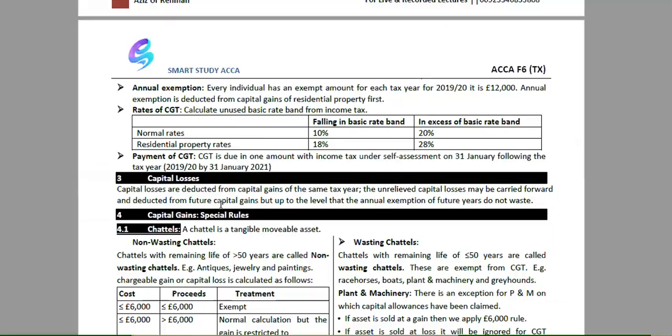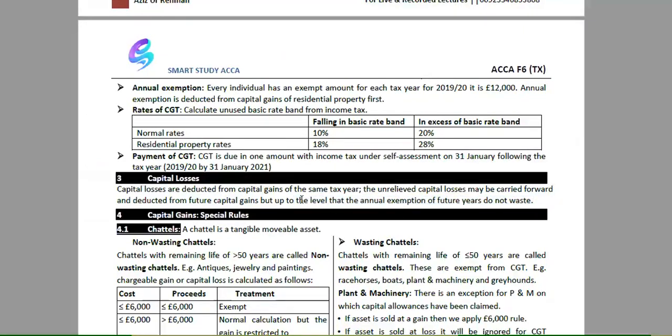So students, we have learned the treatment of capital loss as well. Capital losses are deducted from capital gains of the same year, and any unrelieved capital losses, means remaining capital losses, will be carried forward and deducted from future capital gains, but up to the level that annual exempt amount of future years do not waste.